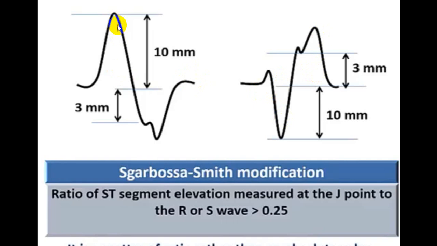If the ST segment elevation measured at the J point is more than 0.25 of the R or S wave, this is depression of more than 3 millimeter, this is more than 2 millimeter, discordant, and if it is more than 0.25, it is significant.